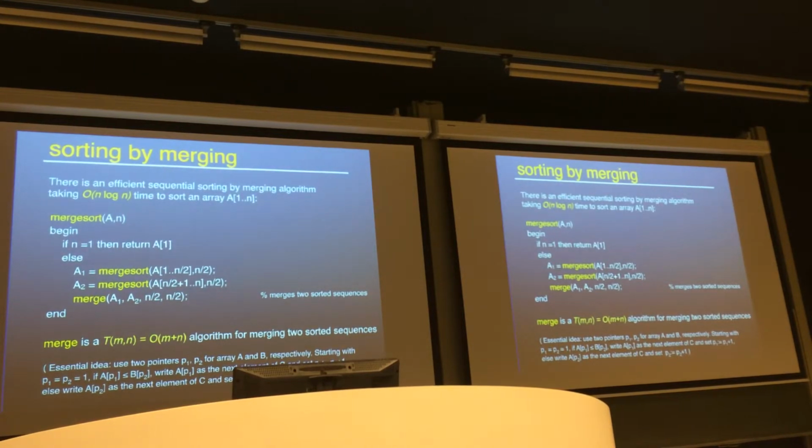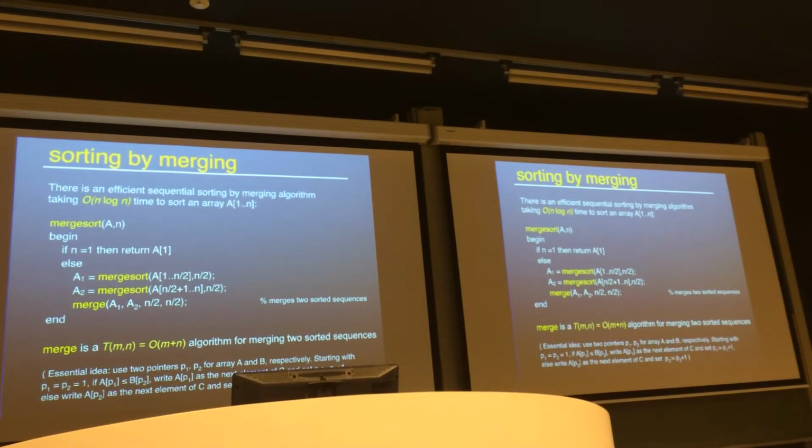You compare them, and the smaller of them goes to the final result, and you compare the rest. So at any step you make in the merging procedure, you can add at least one element to the final sorted sequence. And that means that, since there are in total m plus n of those entries, you can do the merging in linear time.